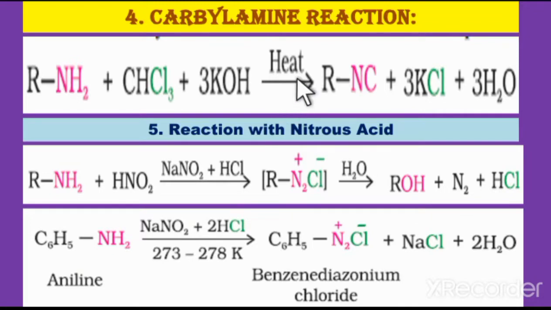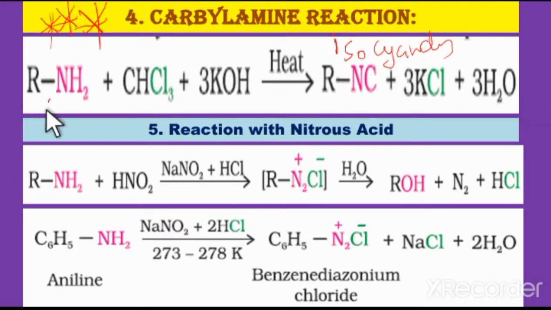Next important reaction is the carbylamine reaction. It is an important name reaction. In this case, primary aliphatic or aromatic amines are treated with chloroform in the presence of a strong base like sodium or potassium hydroxide, followed by heating, and it gives isocyanides, plus hydrochloric acid and water.